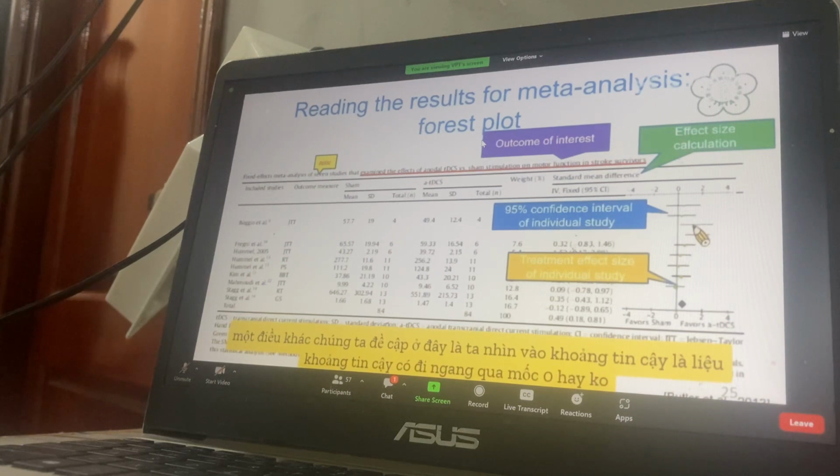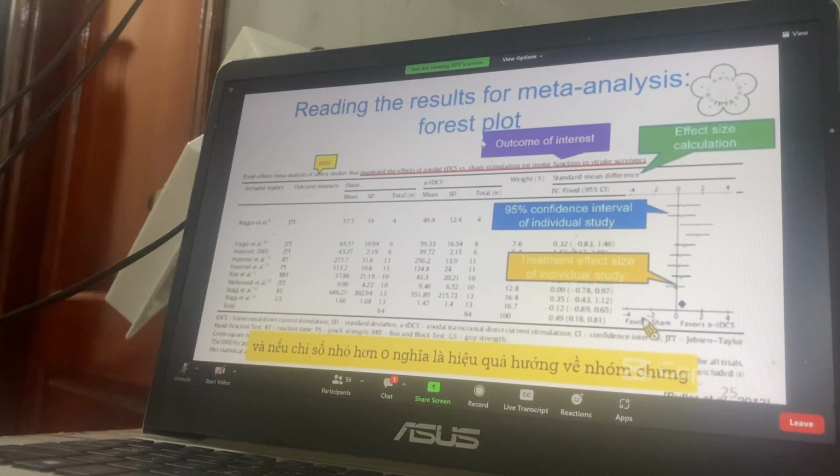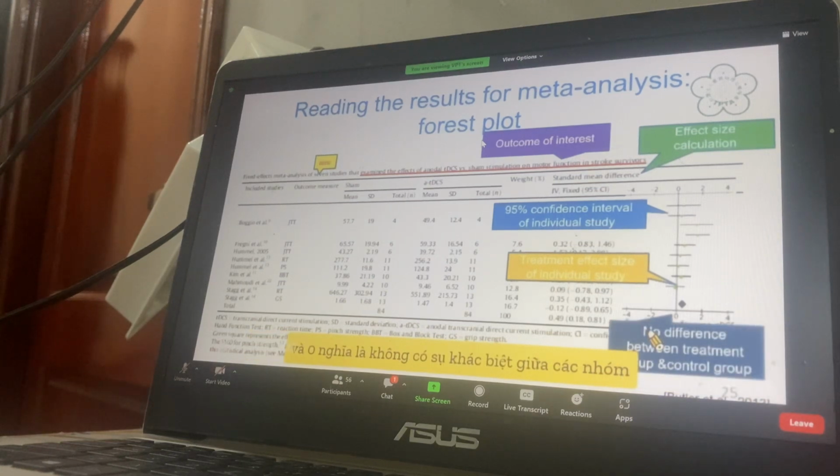Okay, the next, so that will be the confidence interval. And another thing I would like to mention here is, one thing we can look at is whether the range of the confidence interval actually crosses 0. The 0 line here means that there's no difference between treatment and control group. And what we can see here, a positive value means that the effect favors the intervention group, while a score less than 0 means that the result favors the sham group, and 0 means there's no difference between groups.